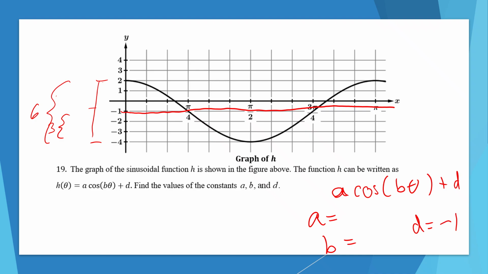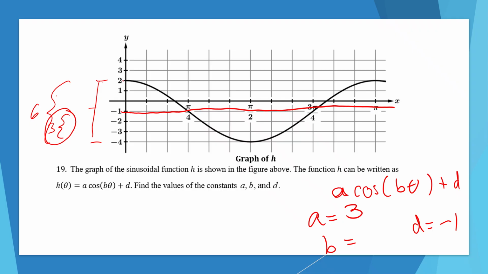And then here we kind of already even found our amplitude. It's the distance from the midline to the max or the min. So this is just going to be +3 in this case. And then our B value is how long does it take to complete a period, and then do 2 pi over your period.